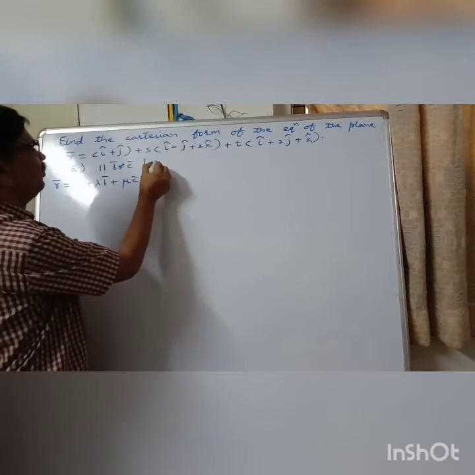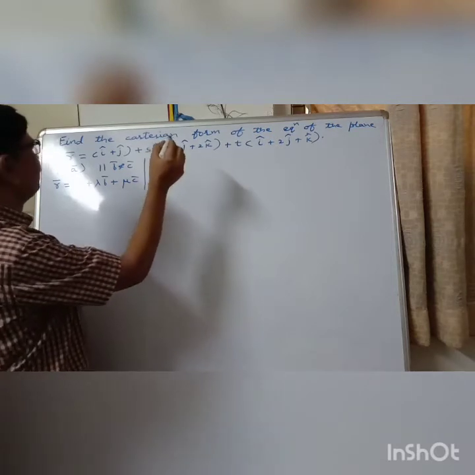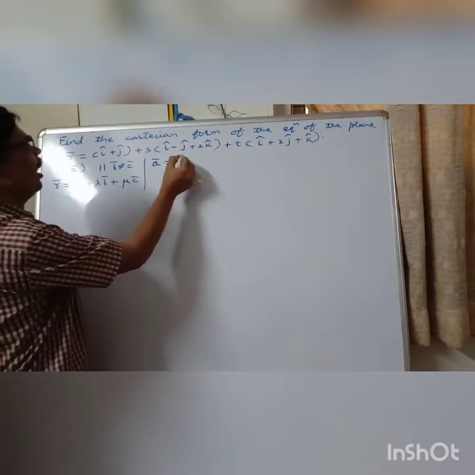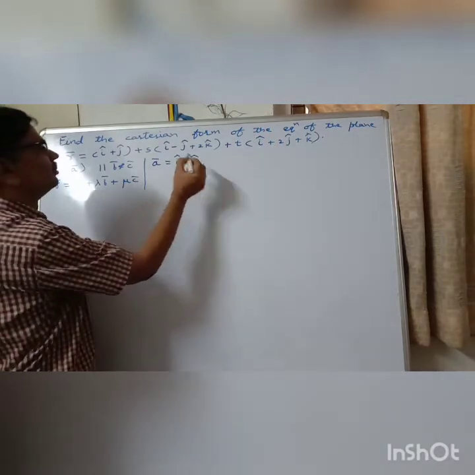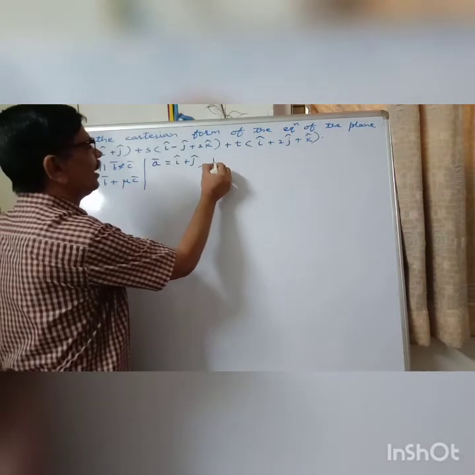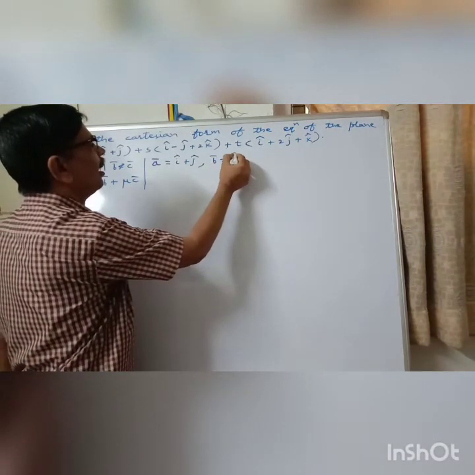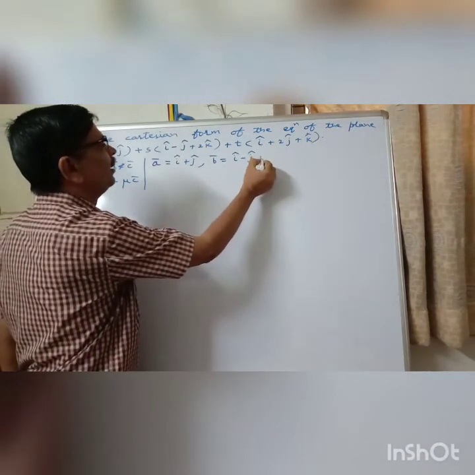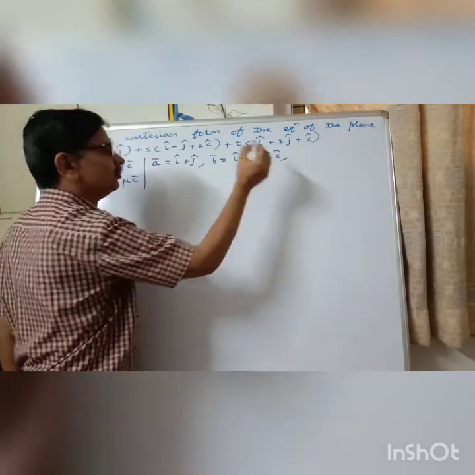So position vector of one point on the plane A bar, i plus j. Vectors parallel to the plane, we shall denote B bar and C bar. So B bar, i minus j plus 2k.